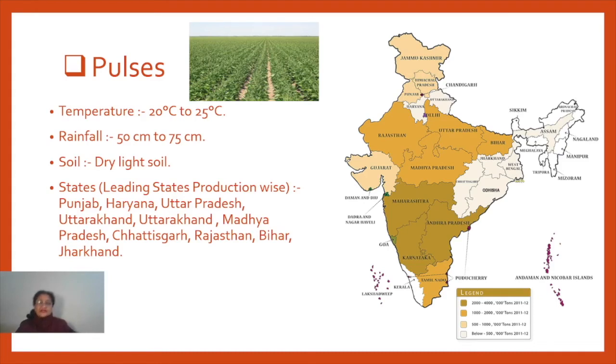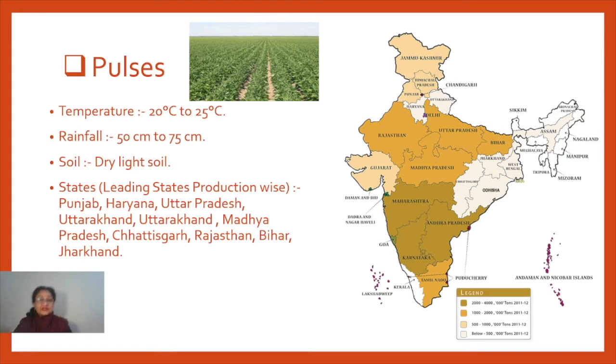Maximum part of agricultural fields is used for the production of pulses. From north to south, from east to west, a major part is covered with the cultivation of pulses, right? Because a variety of pulses are grown in India, and it is one of the very important food crops in India.